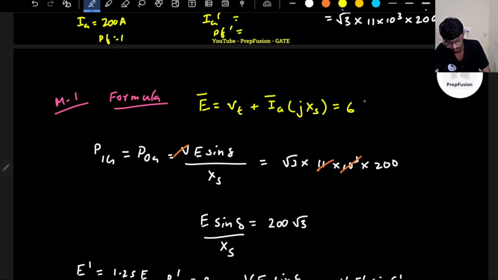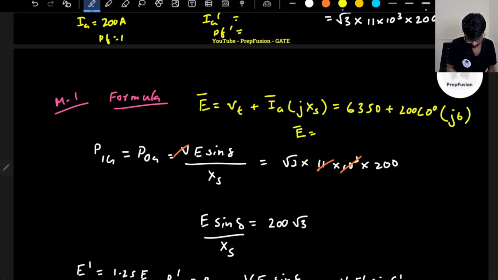Remember, it is star connected, so it has to be per phase. 11 kilovolt divided by root 3 is 6350, into Ia 200 angle 0, it is unity power factor, into J6, right? So from here I can easily find the value of E and delta, both.